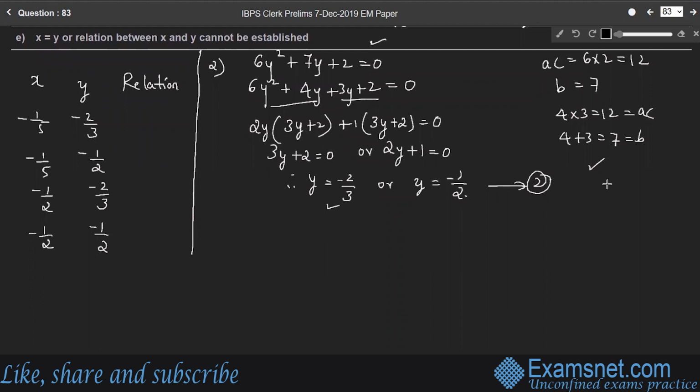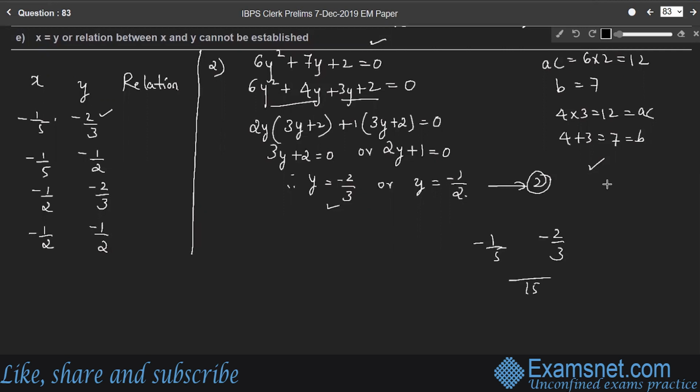So compare the values here. If x is -1/5, y is -2/3. So which is greater here, -1/5 or -2/3? The LCM of 5 and 3 is 15.